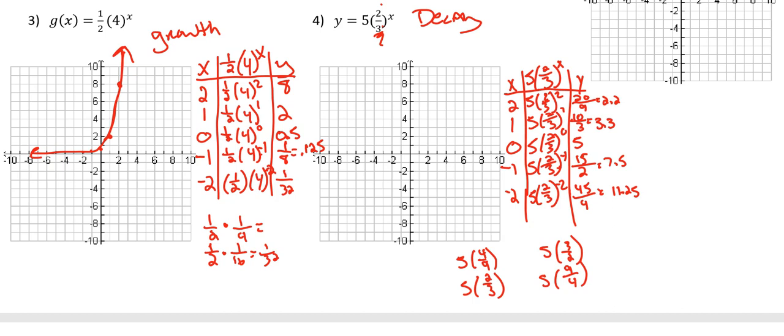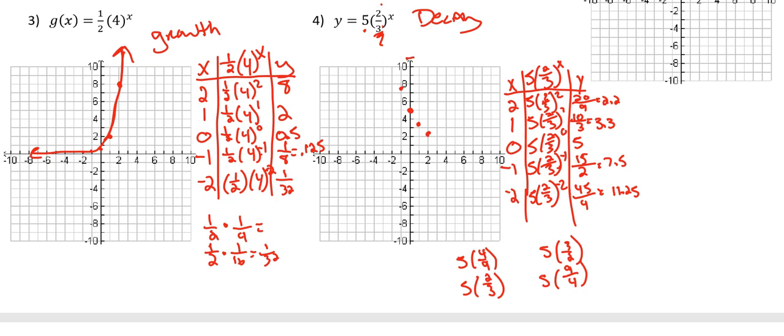Now, because it's times 5, it's not just 2/3, so it's a little different, but it'll be 2, 2.2, 1, 3.3, 0, 5, -1, and -2.